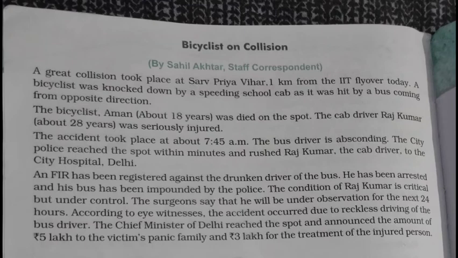Okay, so see how he is writing the facts. First of all, he has introduced where the incident happened and what the incident was. Then he is writing the effect, the aftermath of the incident, that the bicyclist died. The accident took place at about 7:45 a.m. The bus driver is absconding. Absconding means bhag gaya.